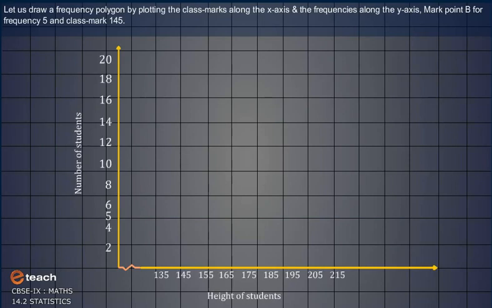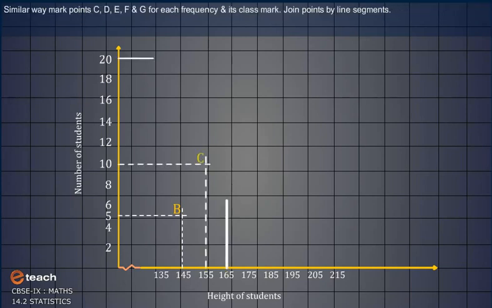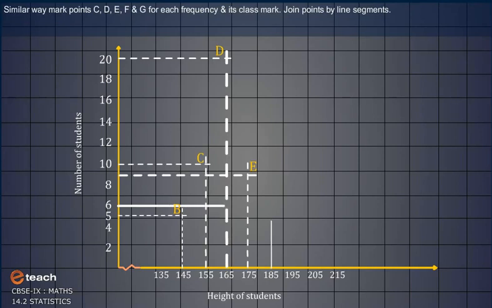Let us draw a frequency polygon by plotting the class marks along the x-axis and the frequencies along the y-axis. Mark point B for frequency 5 and class mark 145. In a similar way, mark points C, D, E, F and G for each frequency and its class mark.